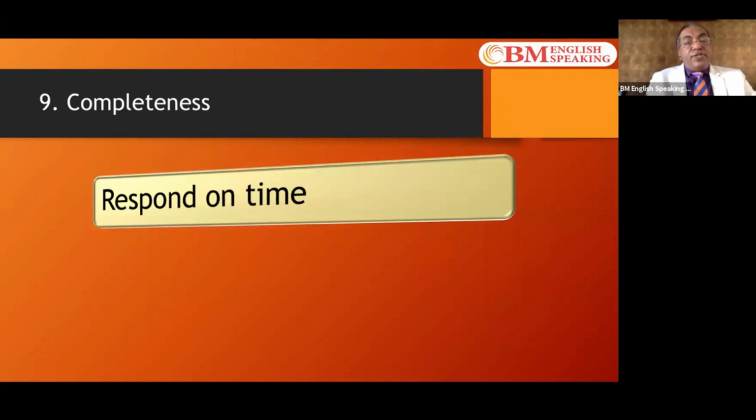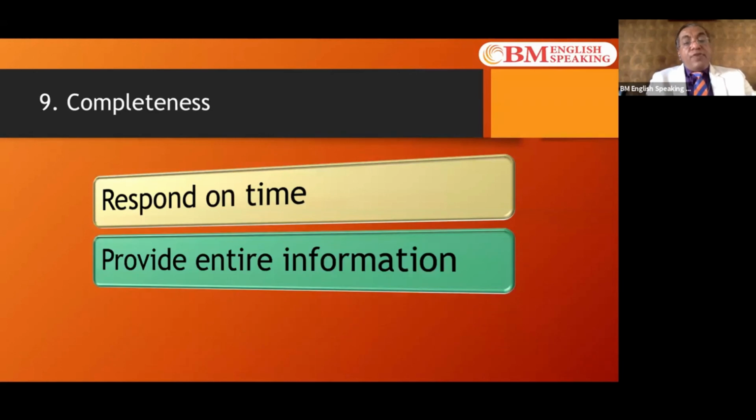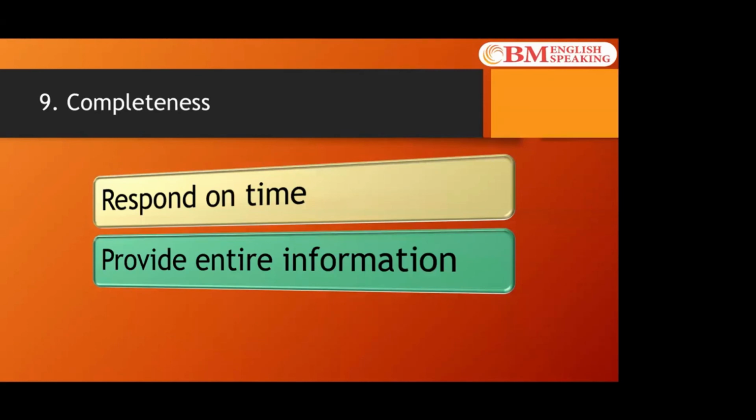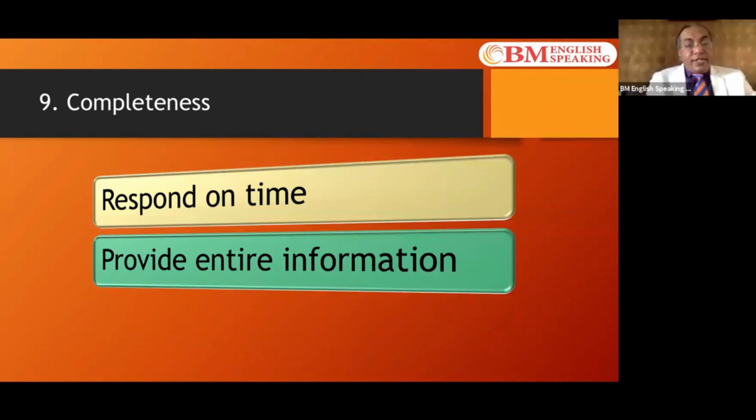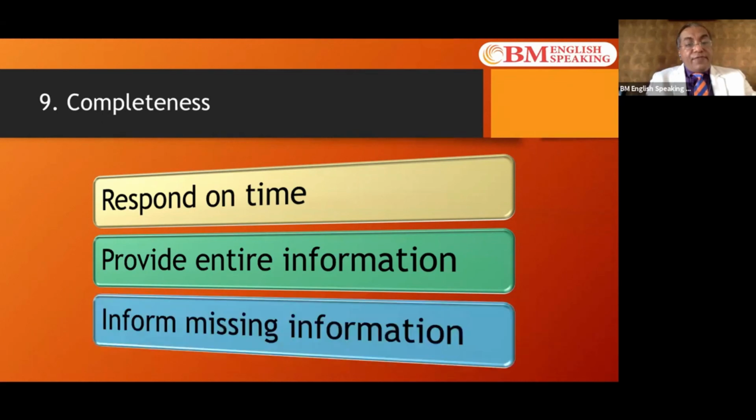So always make sure that you respond on time. You provide the entire information in one go. Generally, if you leave some blank spaces, as I shared with you in being specific, then the information is incomplete. So make sure you provide the entire information in your communication, whether oral or written.